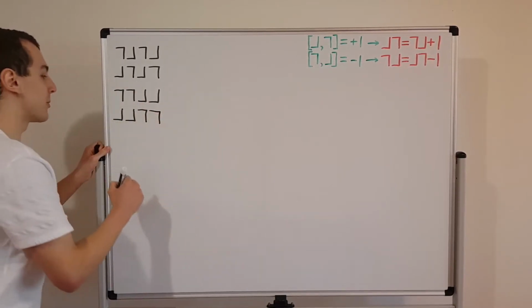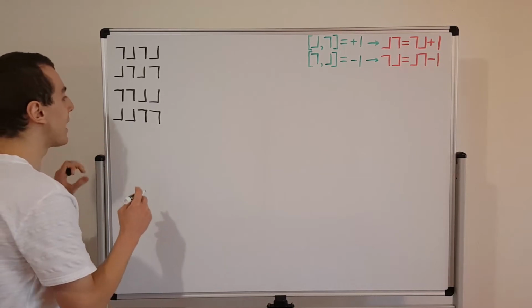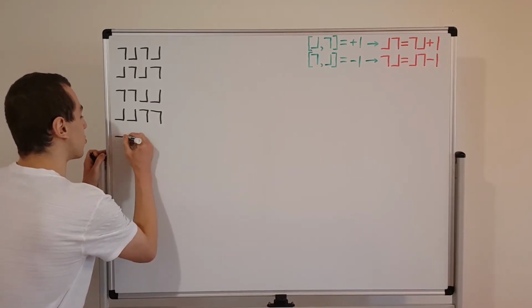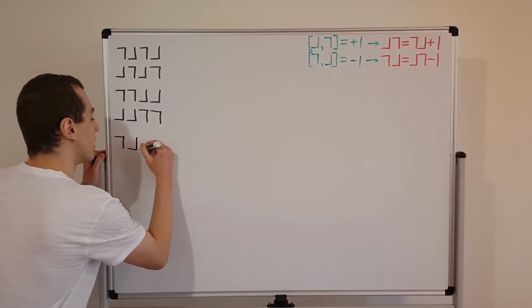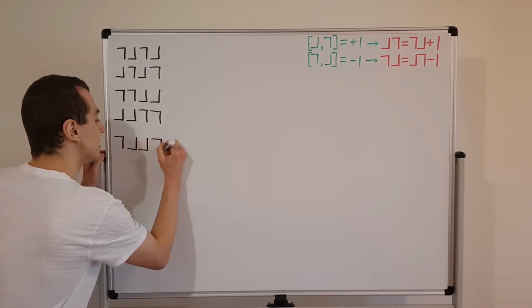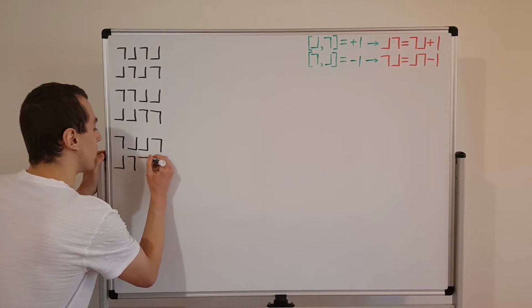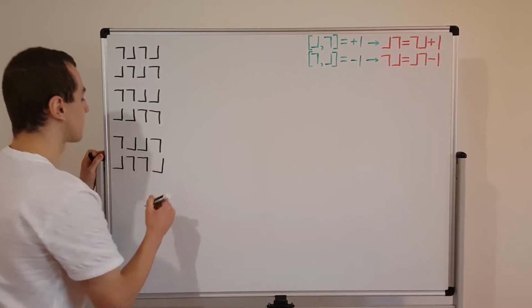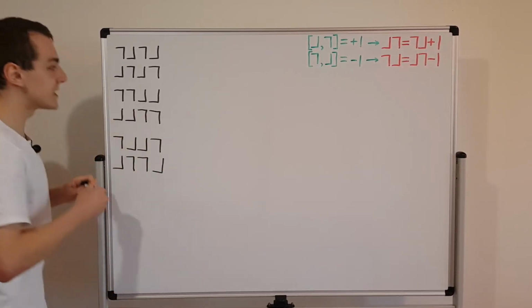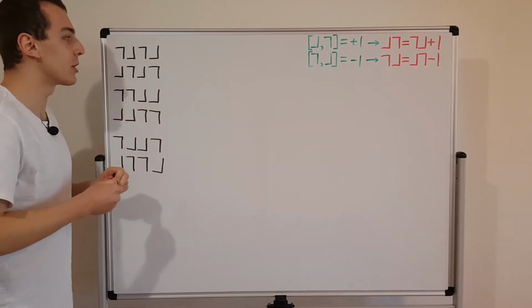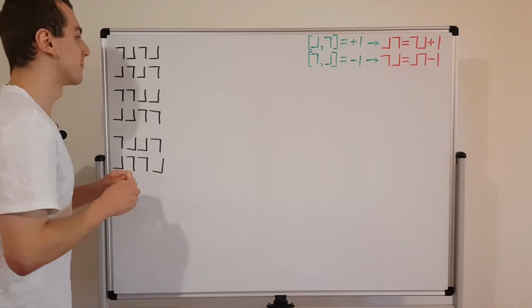And finally, we have 2 more, this final pair, which is raise, lower, lower, raise, and then lower, raise, raise, lower. So these are the 6 non-rotating terms that we got from the quartic expansion.